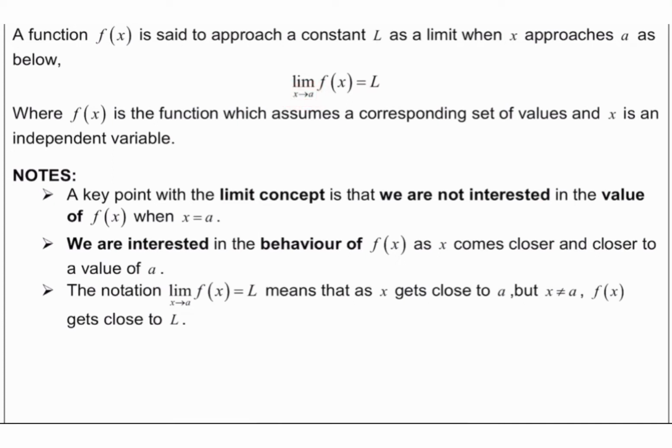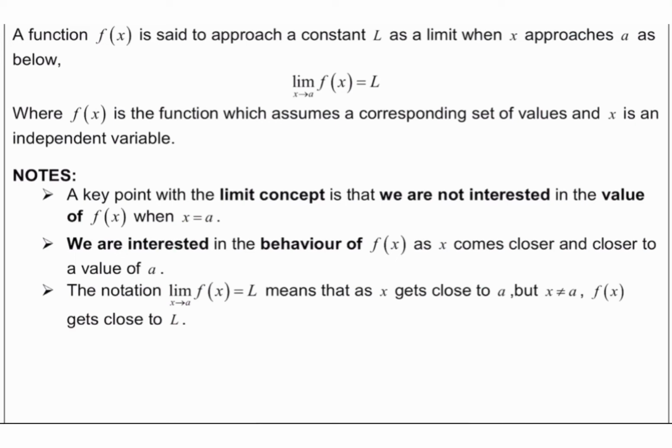Okay, so f(x) kat sini adalah satu function, dan x kat sini adalah independent variable. Okay, a key point with the limit concept is that we are not interested. Kita tak berminat nak tahu tentang value of x when x equals to a. Kita tak nak kisah pun apa nilai f(x) bila x sama dengan a.